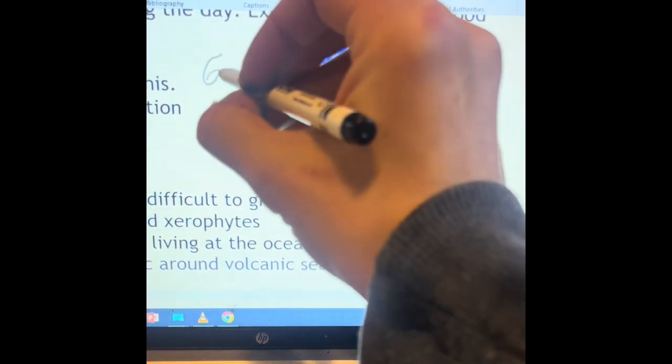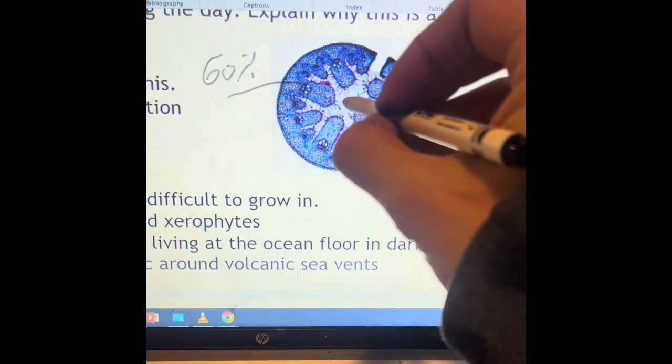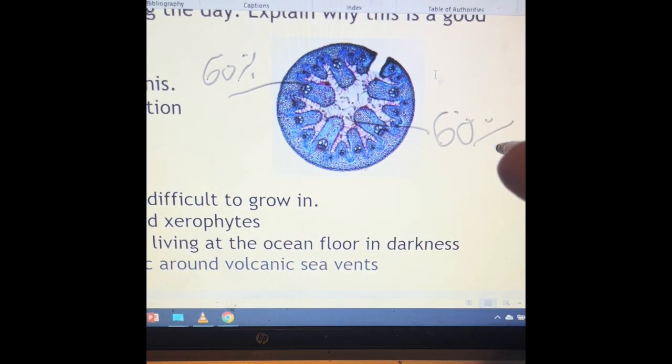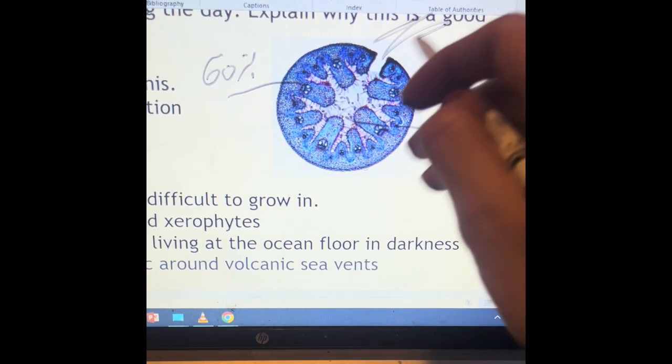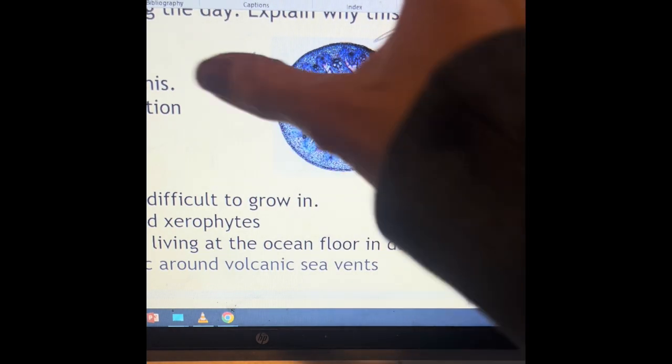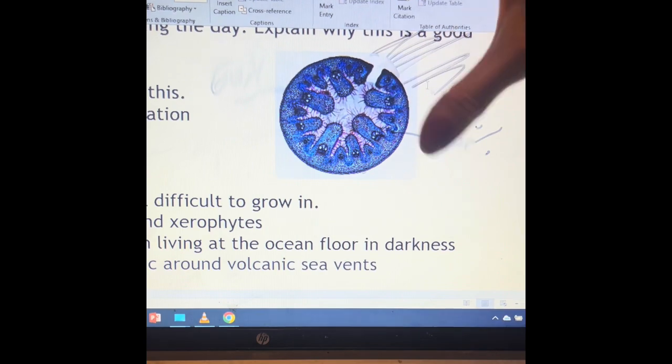Let's say the plant is 60% water. If it traps enough water in here, that will also be 60% water, because it's not being blown away by the breeze. It's not surrounded by the salt in the environment outside. There will be no more water lost from high to low concentration. That means the plant is able to survive.